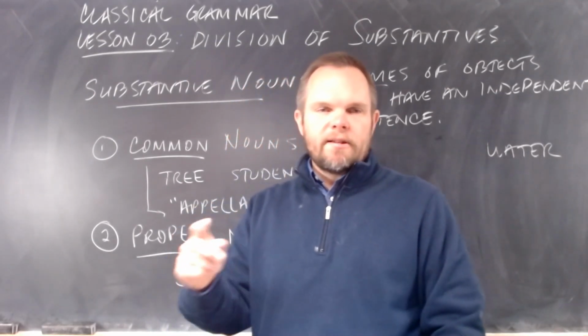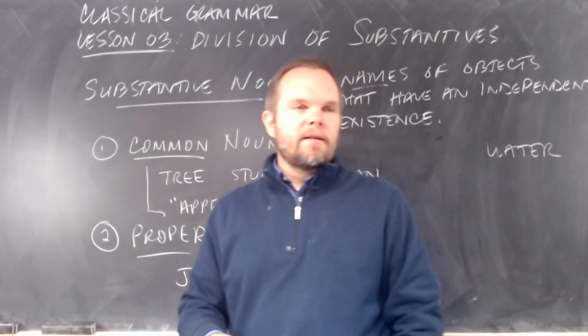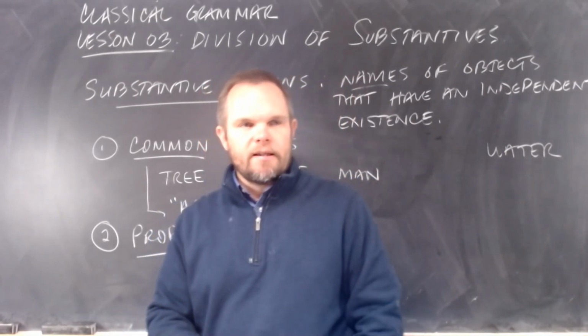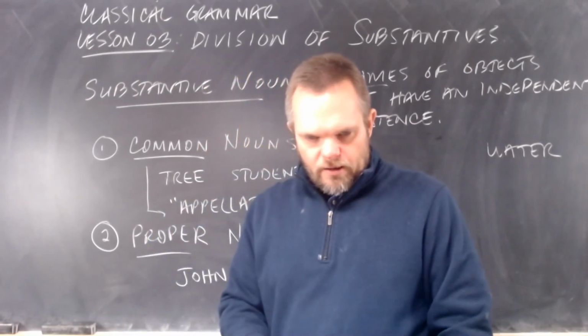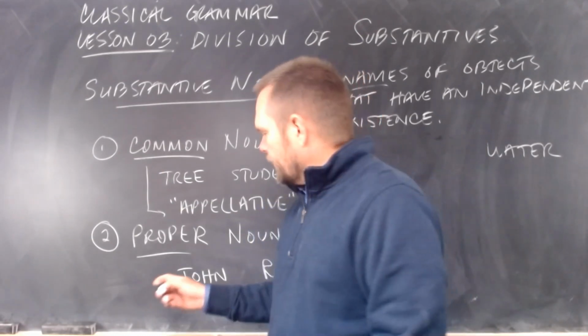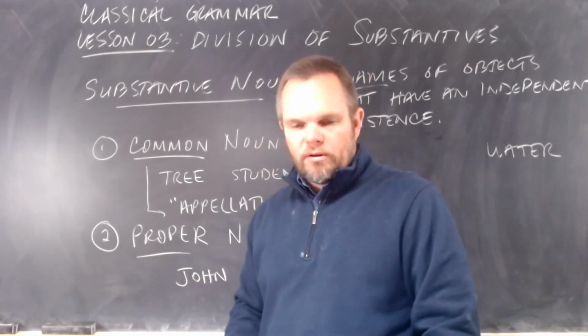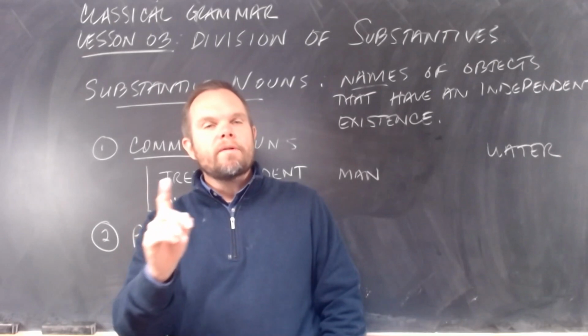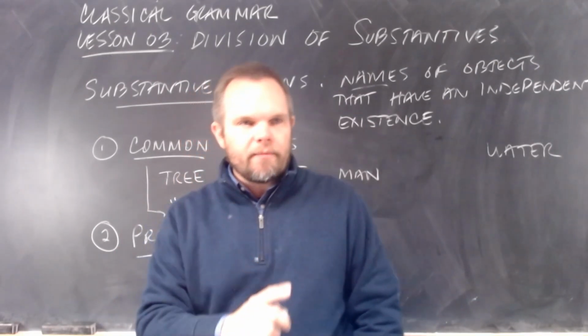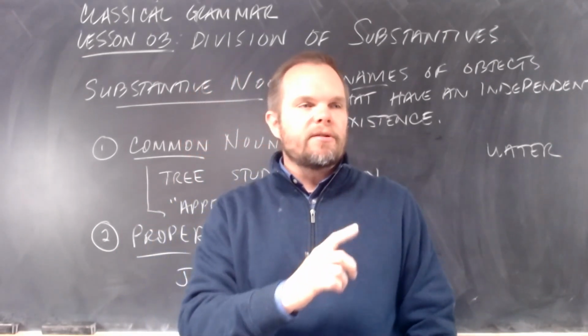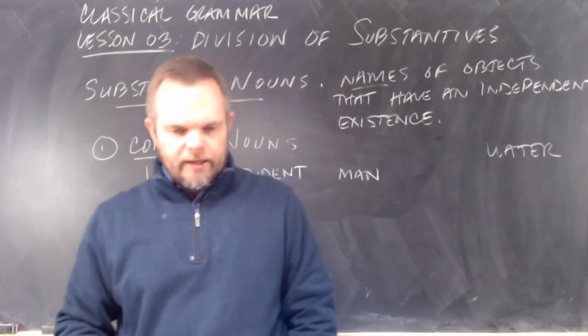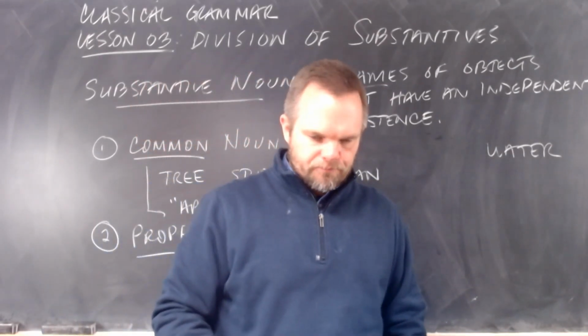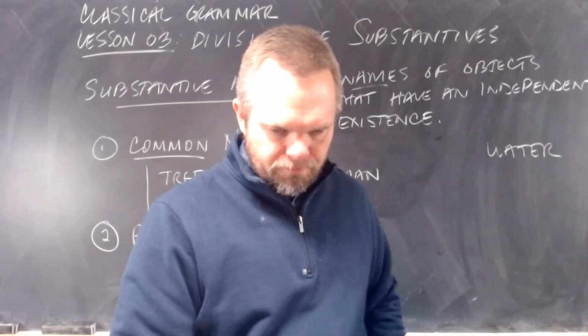So Rome is its peculiar name in its own country, in Italy. So names of individuals, their own individual name is a proper noun, a proper name. Okay?